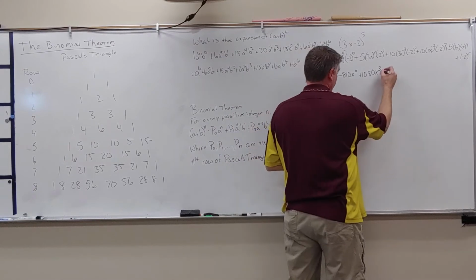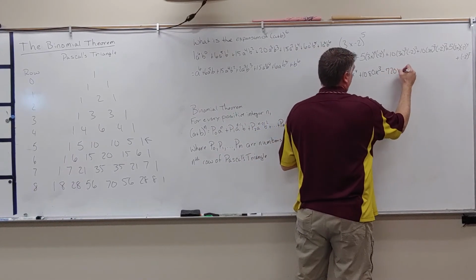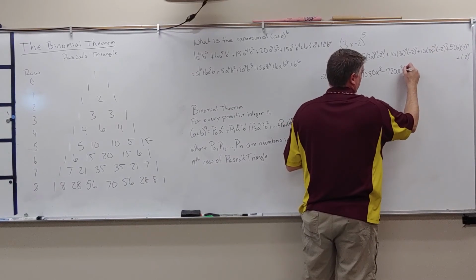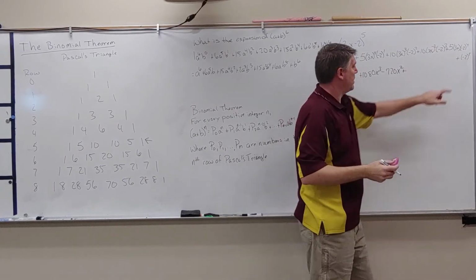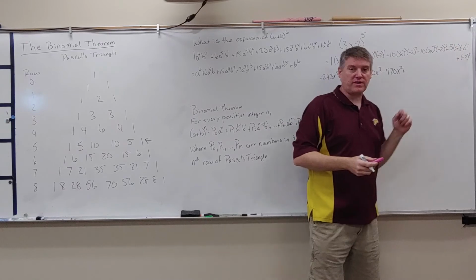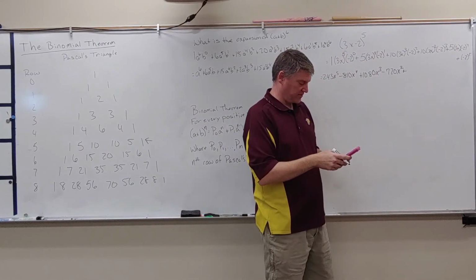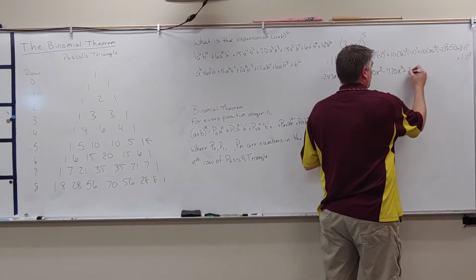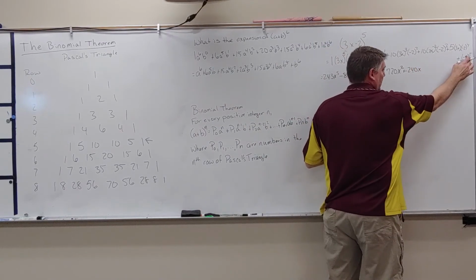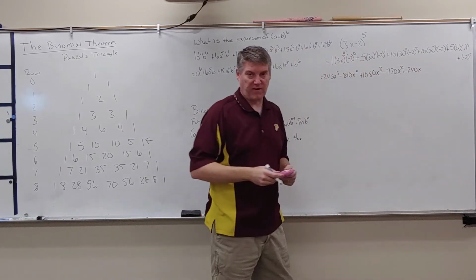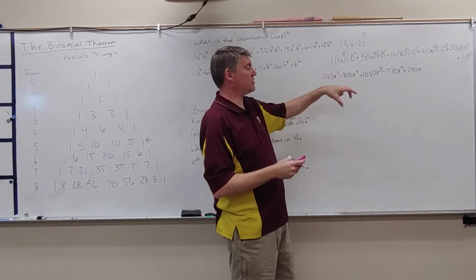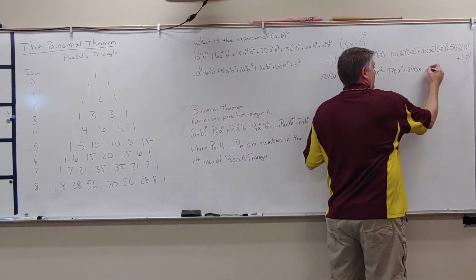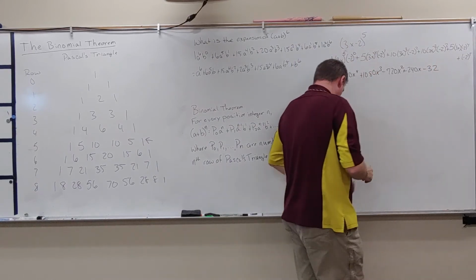Right? So this is negative 720x squared. Plus negative 2 to the fourth is 16. So I have 16 times 3 times 5, which is 240x. Now I have negative 2 to the fifth, right? 3x to the 0 gives me 1. Negative 2 to the fifth is negative 32.